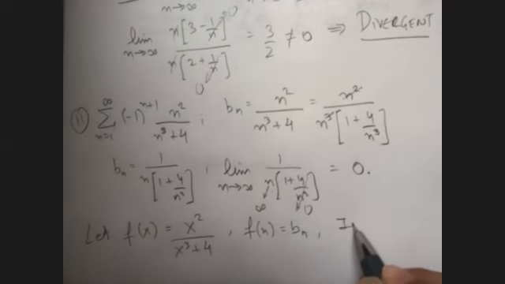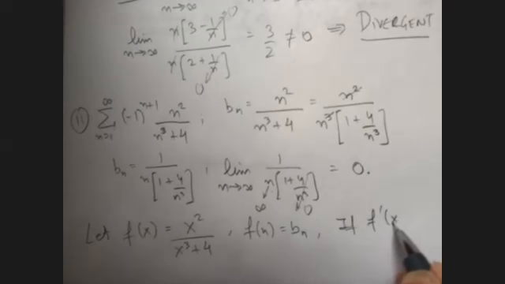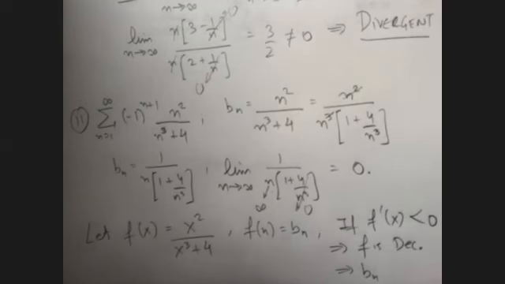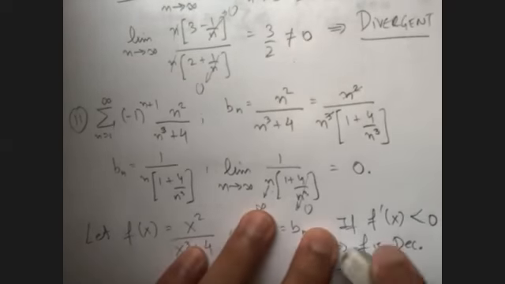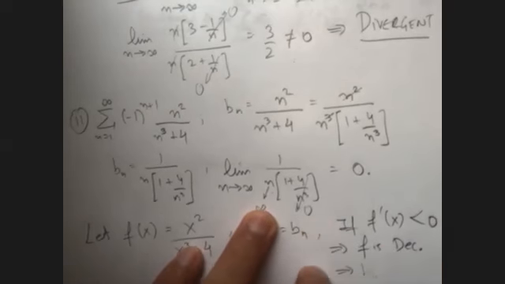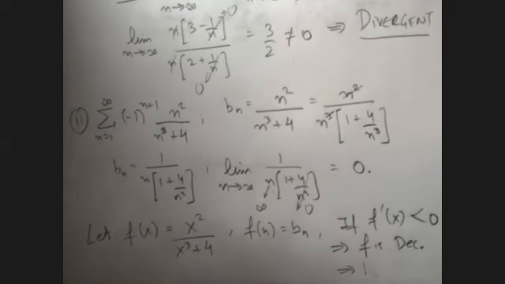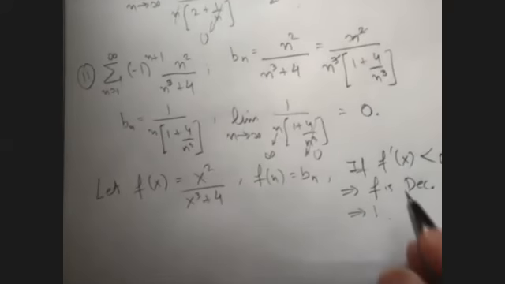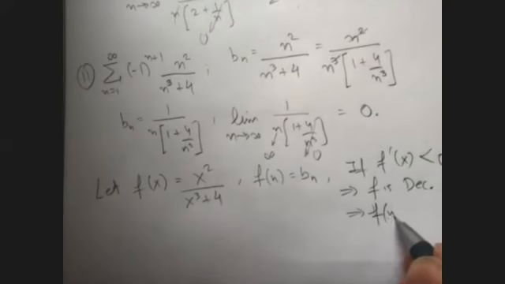Because if f derivative x is less than 0, this means f is decreasing function. And that would mean f of n plus 1 is less than f of n.